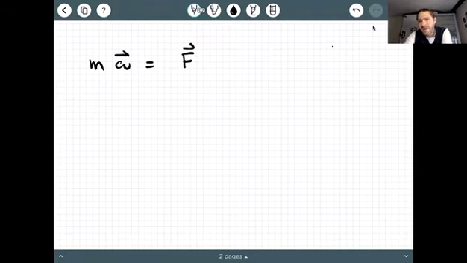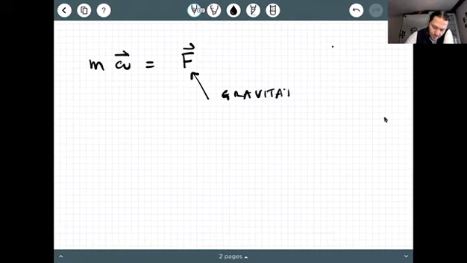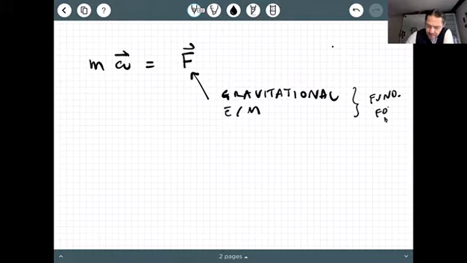At the moment, let's be very pragmatic and say this equation means nothing until I specify what a force for this system is. For instance, this can be gravitational, electromagnetic, and these are examples of fundamental forces, meaning forces that are present even at the most microscopic level between particles.